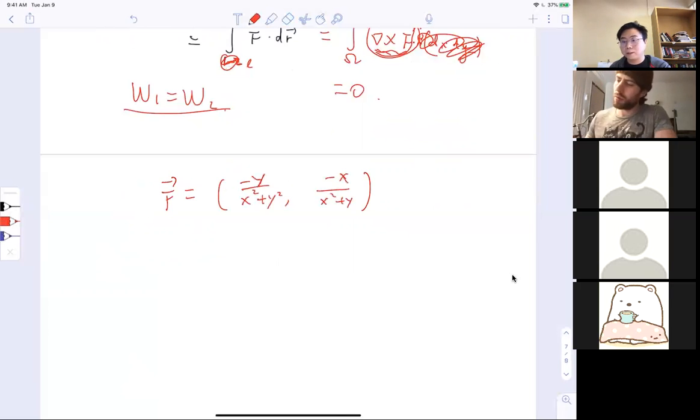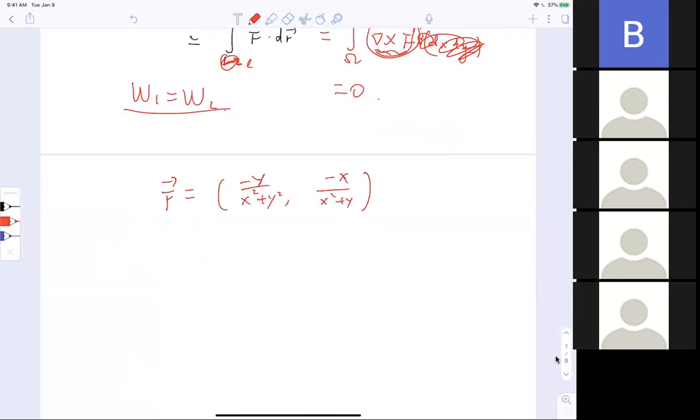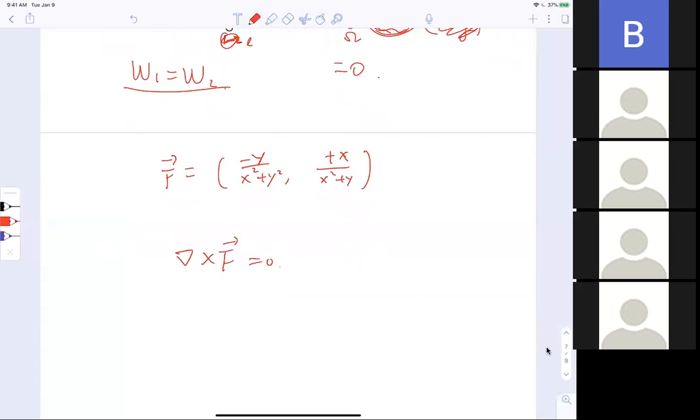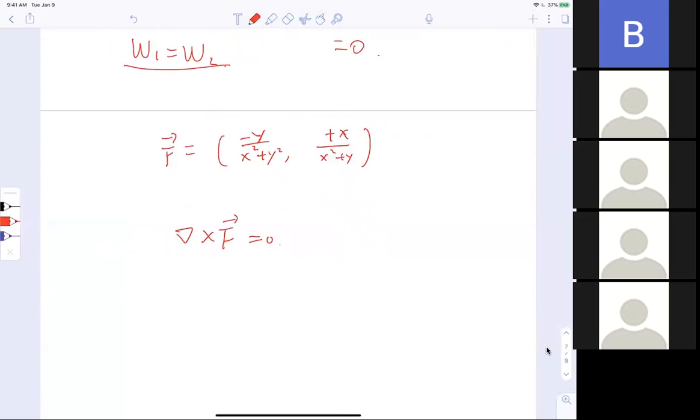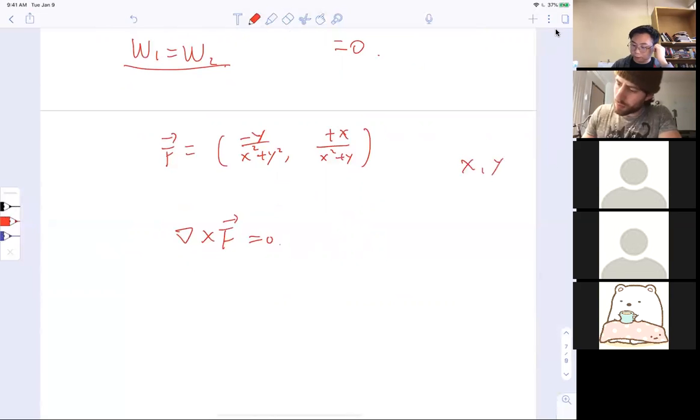For this force, you can calculate the divergence. Sorry, the curl of this force is 0. But you can see there is a singular point at the orange. When x, y goes to 0, this force becomes infinity or something like that.